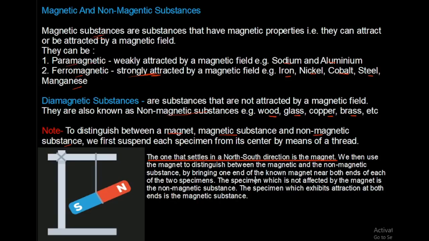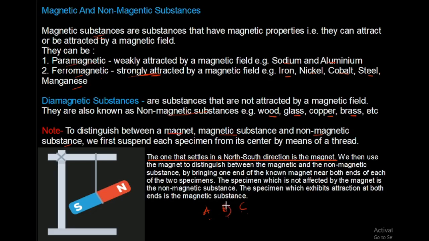You tie each specimen. Let's say we have three of them, A, B, and C. We want to find out the one that is a magnet, the one that is a magnetic substance, and the one that is a non-magnetic substance. All we need to do is tie these three specimens at their center and then suspend them. The one that oscillates and then tilts in a north-south position is the magnet.